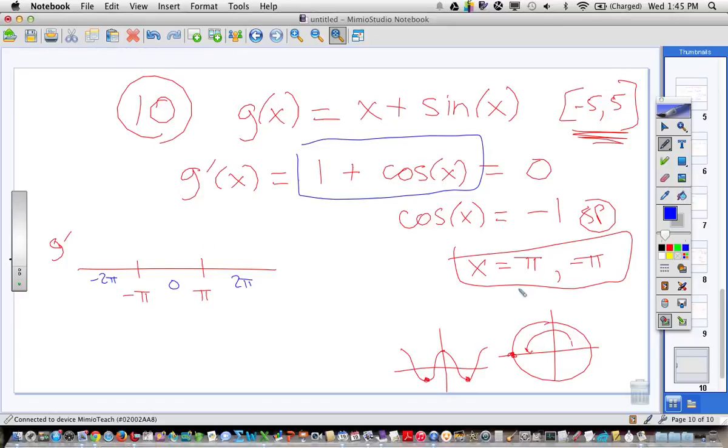What's cosine of negative 2 pi? That would be all the way back around to positive 1, right? So 1 plus positive 1 would be positive. Put a 0. What's cosine of 0? That's also positive 1. What's 2 pi?